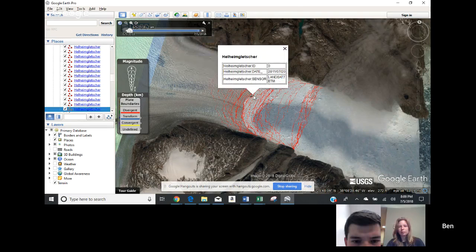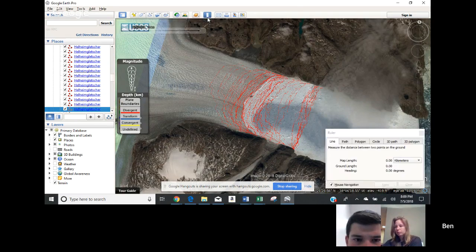At 2010 and 2011, it was quite a bit further. So from 2005 to 2010, it actually gained 3.3 kilometers, if I'm understanding this right.